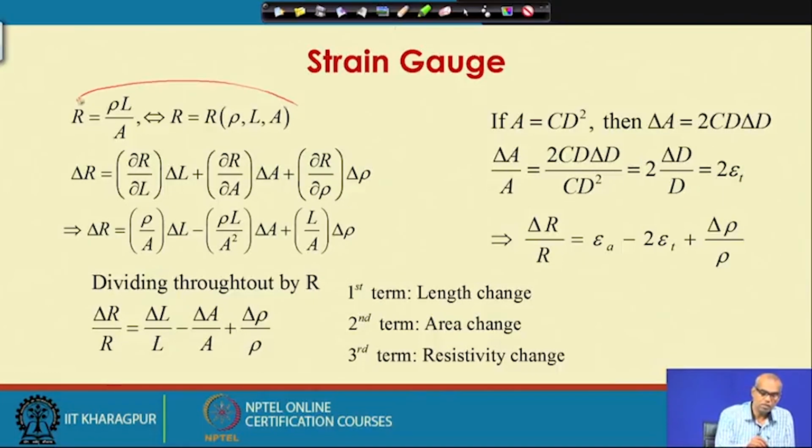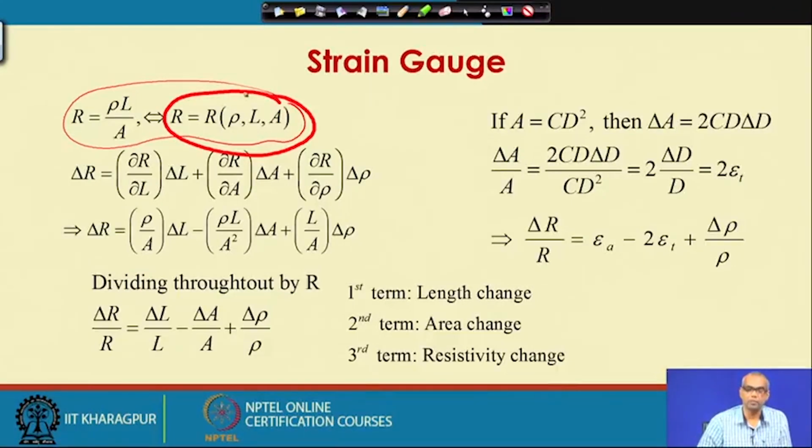We start with this expression for resistance that relates resistance with length of the wire and cross sectional area of the wire. So, well known equation R is rho L divided by A. So, you can write R as a function of rho, L and A. Now, change in resistance delta R can be represented as, you take partial derivatives.